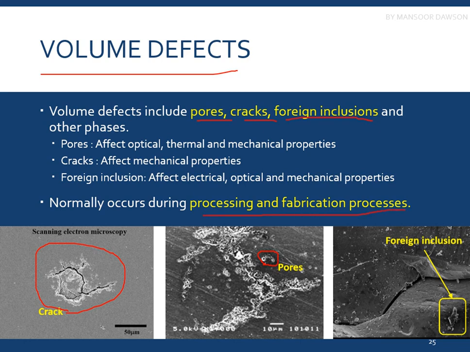So we should try not to get these, because these usually cause failure in the long term, quick failures, and sometimes a catastrophic failure, which does not give an indication that the material will be failing. Even though the material is very ductile, they are still catastrophic due to certain cracks, pores, and foreign inclusions.